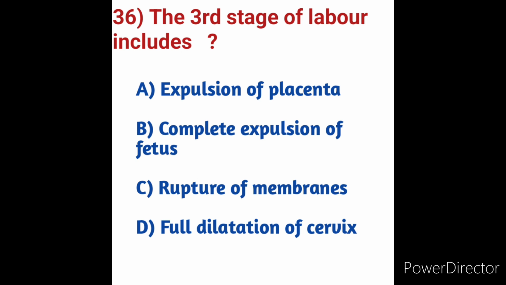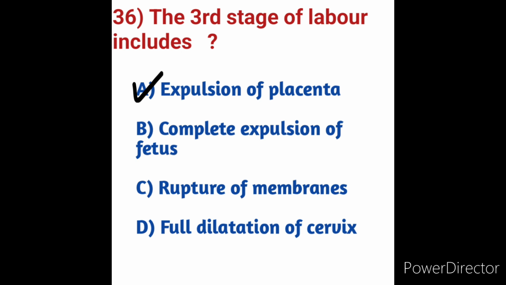Third stage means expulsion of placenta and membranes. Fourth stage means observational stage. These are the labor stages. Here, third stage of labor means expulsion of placenta. So, the third stage of labor is the time between delivery of the baby and expulsion of the placenta. So here in these options A is the correct answer.